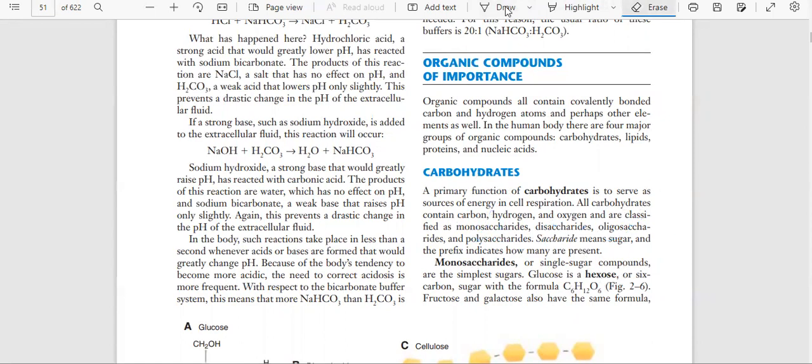Saccharide means sugar, and the prefix indicates how many sugars are present: mono, di, oligo, poly.